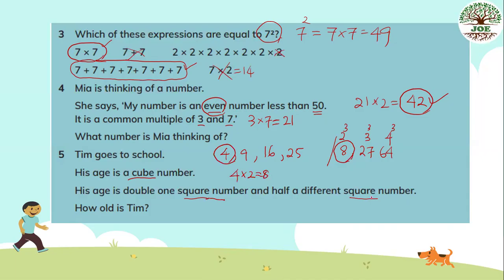And half a different square number. Half a different square number means half of another square number.